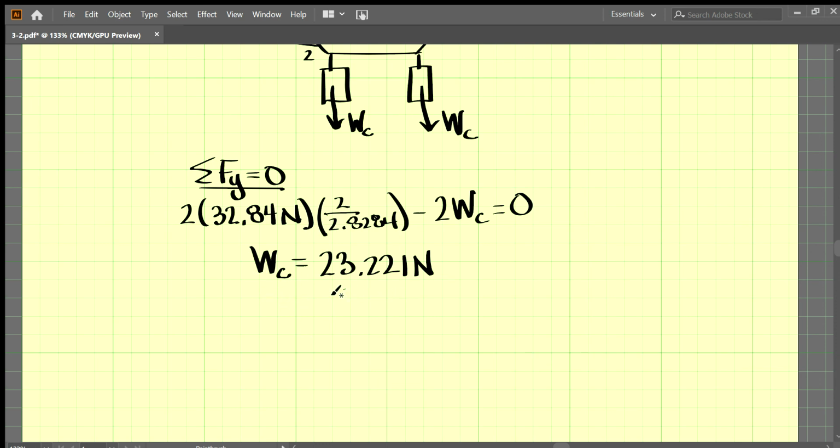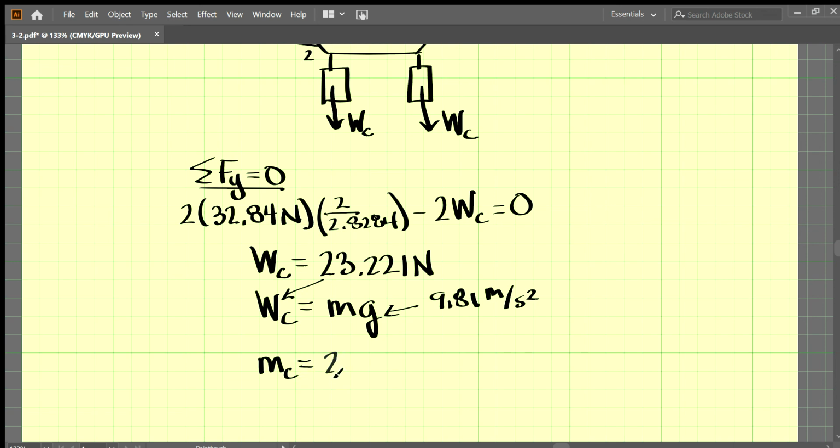But this problem is asking for the mass of the cylinder, and remember that the weight of the cylinder is nothing more than mass times the acceleration due to gravity, which is 9.81 meters per second squared. We know 23.22 is the weight of the cylinder, and we can figure out the mass of the cylinder as being 2.37 kilograms. So that's the answer to problem 316.